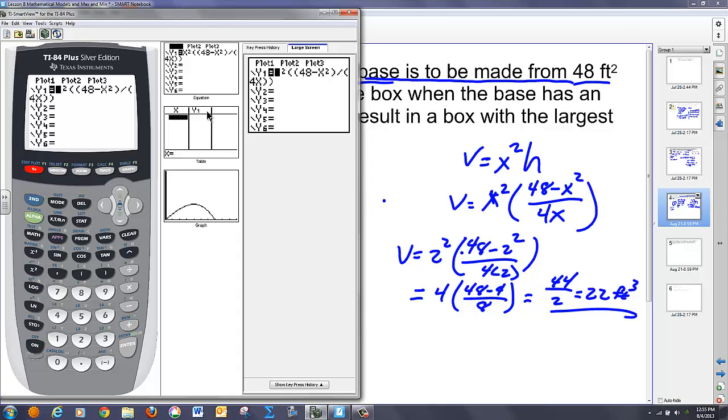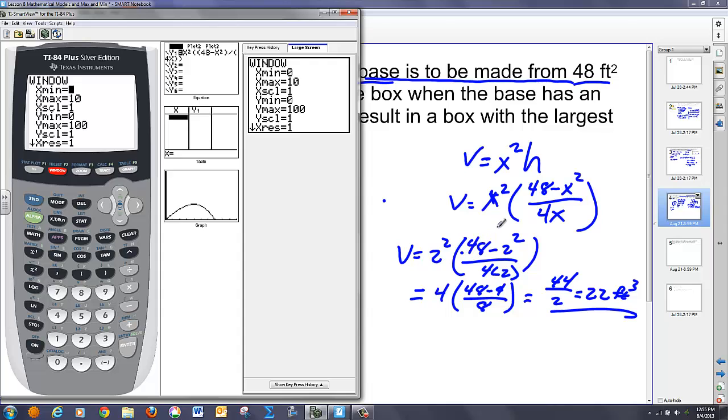The width is never going to give me a negative value, but the height I get from the 48 minus x squared term, which means if I let x equal 7, I'll have 48 minus 49, which would be negative 1, and that won't make any sense. So for my window, I'm just going to go from 0 to 10. That way I ensure that my domain is within that restricted set of values.